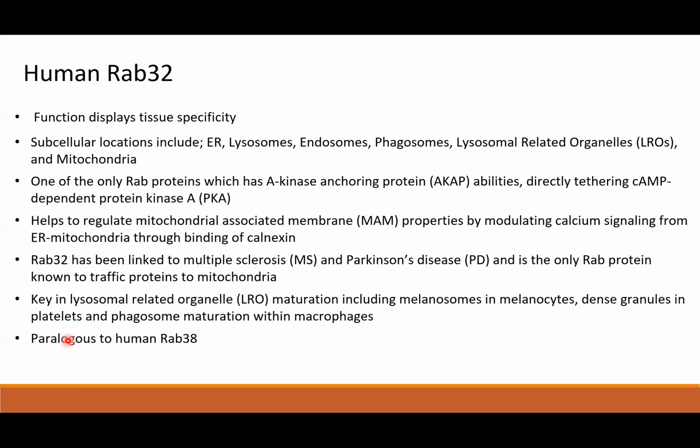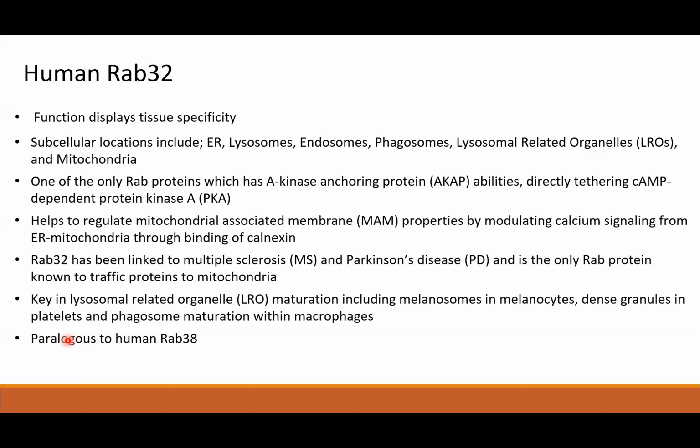So, for example, it's involved in melanogenesis, so maturation of melanosomes that are found within melanocytes, so pigmentation cells within the skin, dense granules within platelets, and phagosome maturation within macrophages.